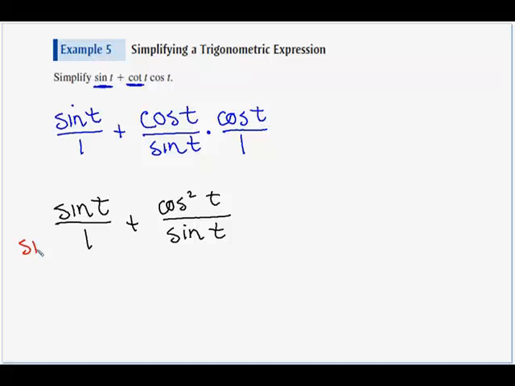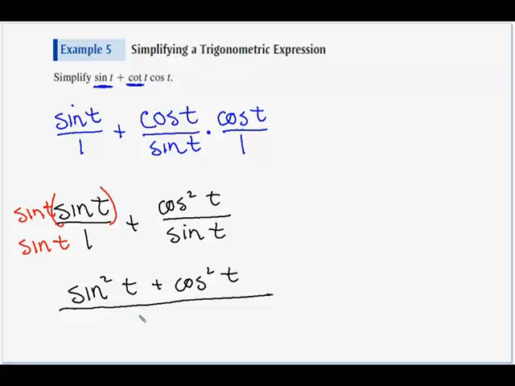To get a sine of t denominator on this side, we multiply the numerator by the same sine of t. So now we have sine times sine, which is sine squared of t, plus our other numerator, cosine squared of t. And now these share the common denominator of sine t.